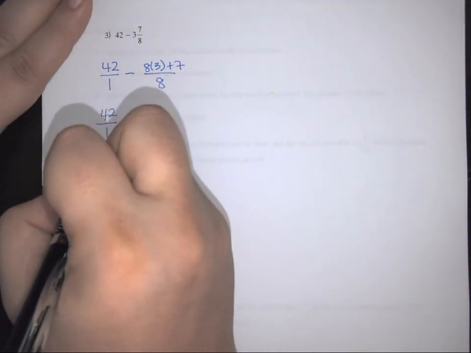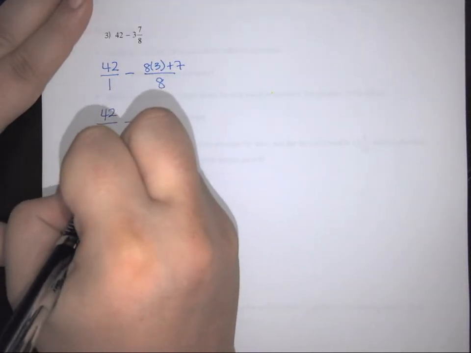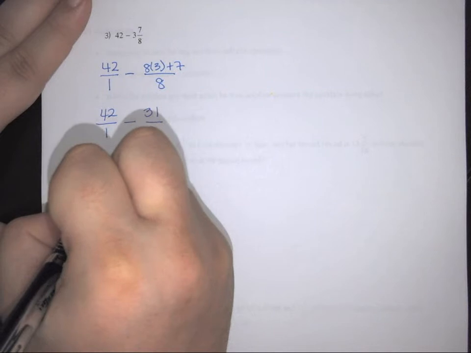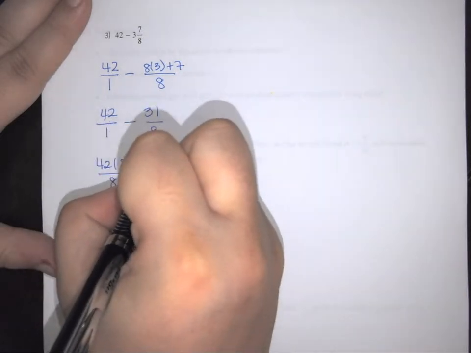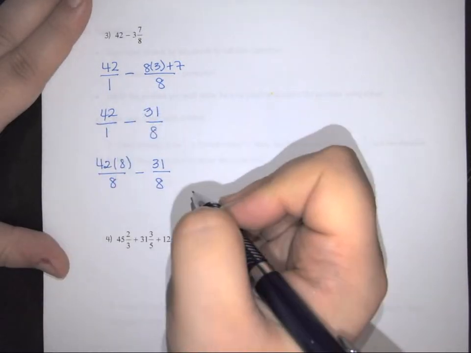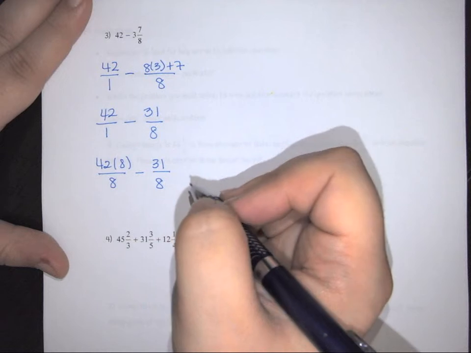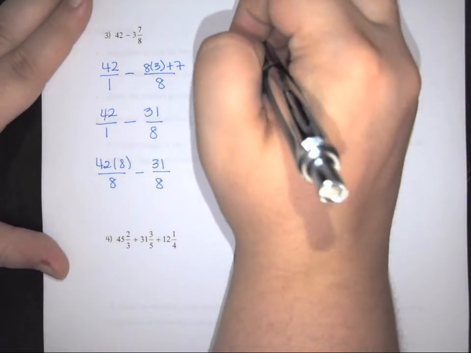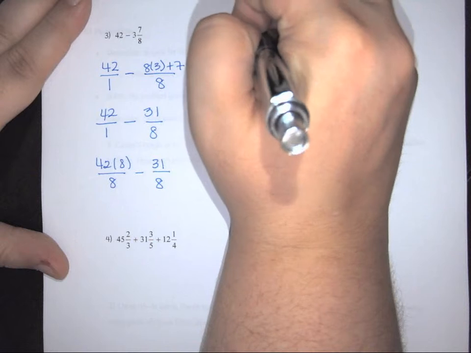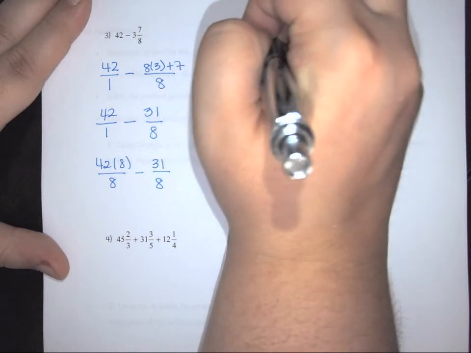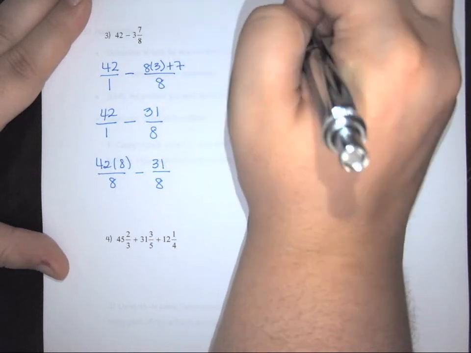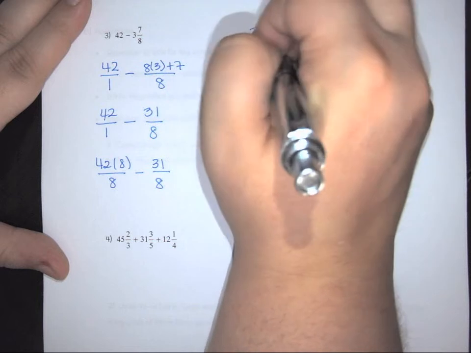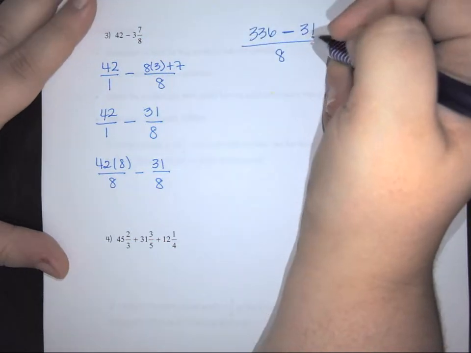So I know this becomes 42 times 8 over 8 minus 31 over 8. 42 times 8 is going to give me 336 minus 31, and the whole thing is over 8.